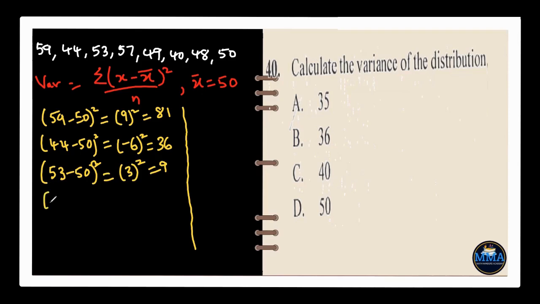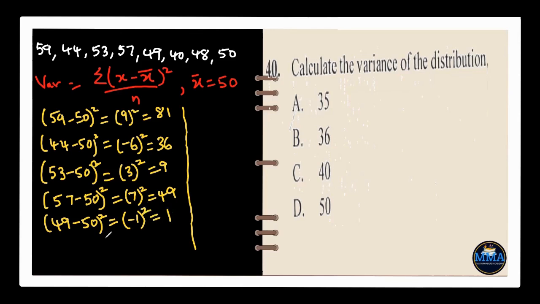Then the next, we have 57 minus 50 all squared. We have 7 squared. That will give us 49. The next is 49 minus 50 all squared. That will give us minus 1 squared, and that is going to be 1. The next is 40 minus 50 all squared.